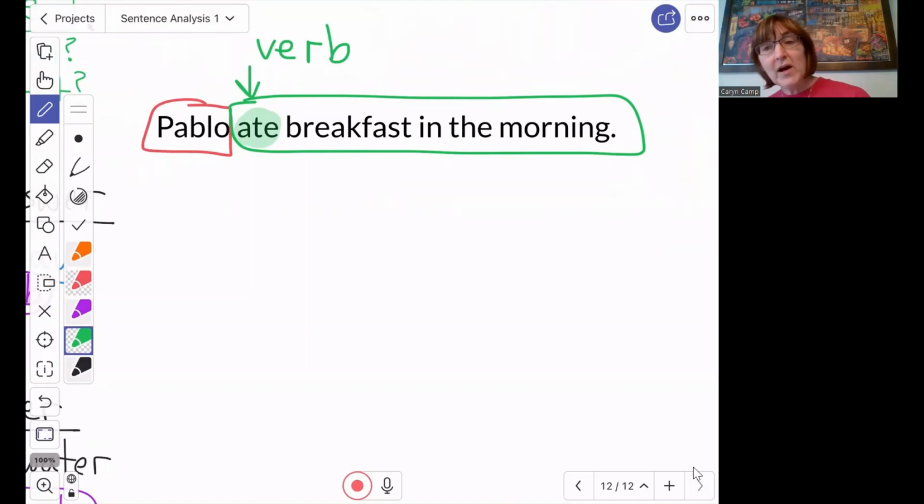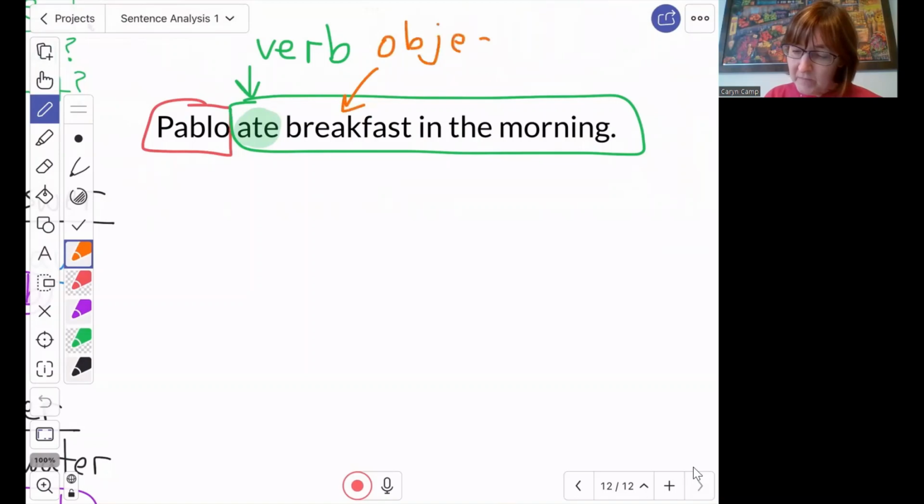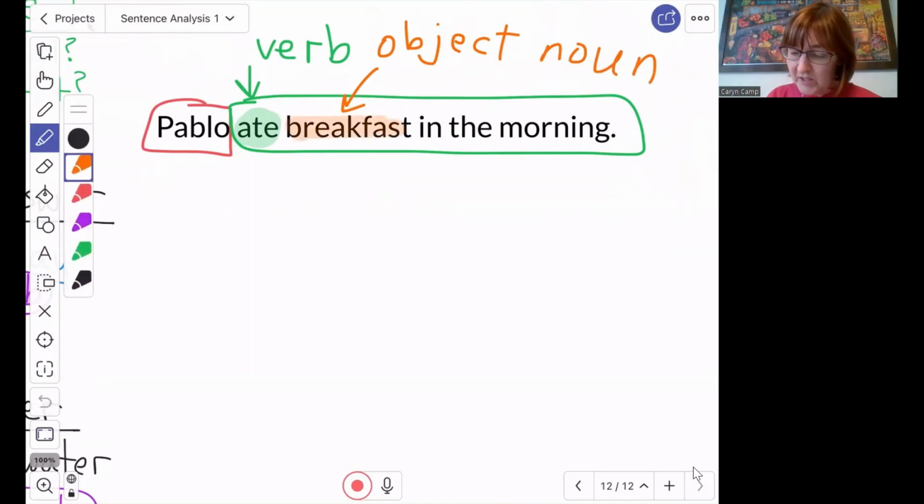So Pablo did what? Is doing what? Eating, right? So we also see there's an object noun because breakfast is a thing and it's answering the question, what did Pablo eat? Breakfast.